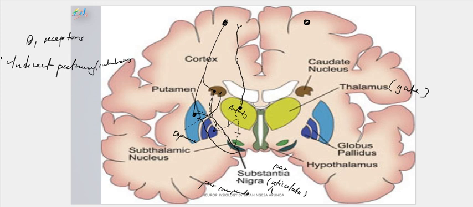There are some movements that might not be wanted, even though you want to initiate. The indirect pathway is likely to inhibit some unwanted movement. So not every movement will be wanted.